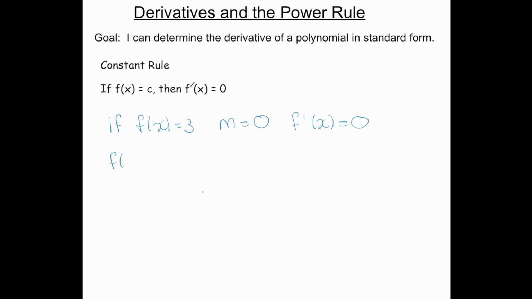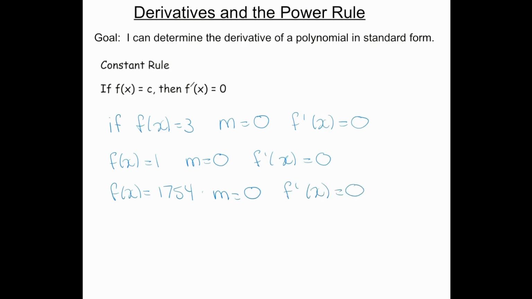If f of x is equal to 1, the slope of a tangent at any point along that line is equal to 0, so f prime of x is equal to 0. If f of x is equal to 1,754, the slope of a tangent line drawn anywhere along there is also going to be 0 because it's a flat line. So f prime of x will equal 0.